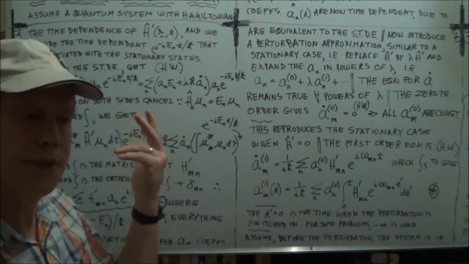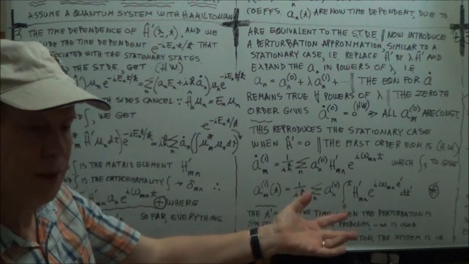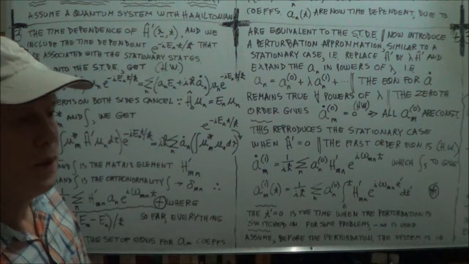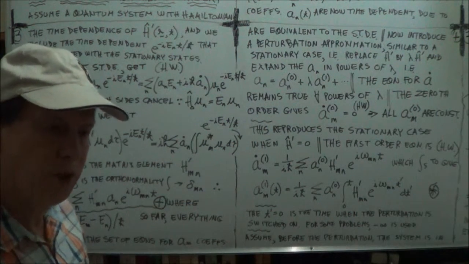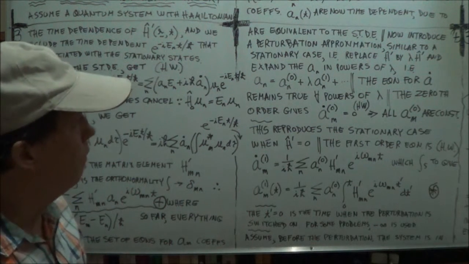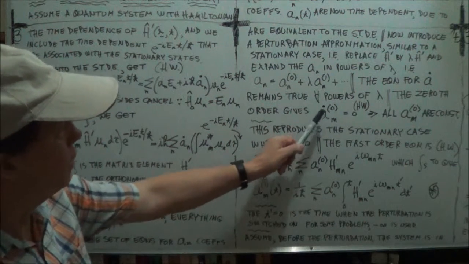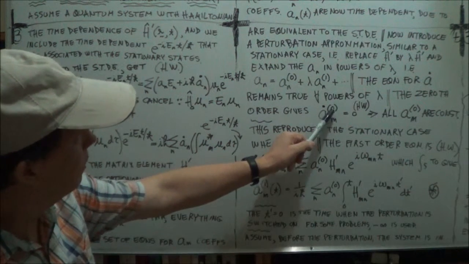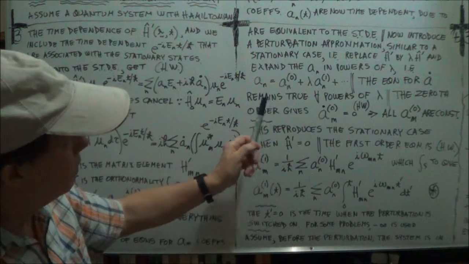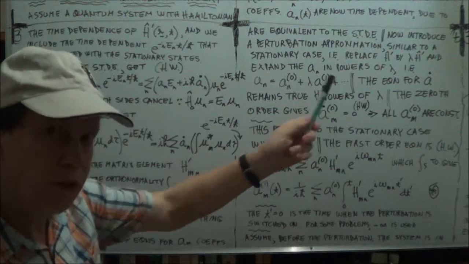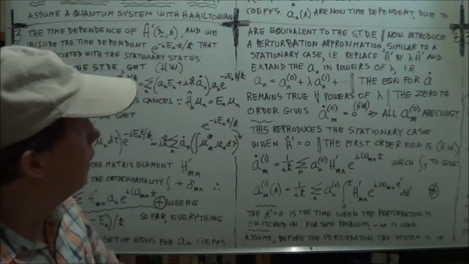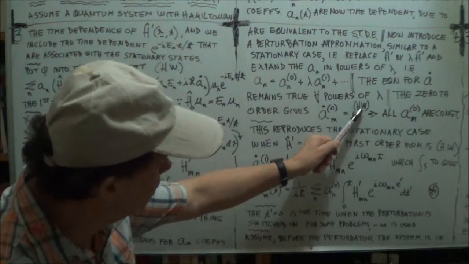Bring everything over to the left-hand side. You've got 0 on the right-hand side, so all coefficients of lambda have to be 0. So the coefficient of lambda to power 0, which is 1, look at that one, and you'll find that a dot 0, when you differentiate that with respect to time, same with that, same with that. So when you look at the coefficient of lambda to power 0, you will get this. I'll ask you to do that for homework.